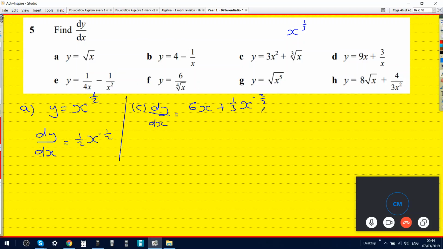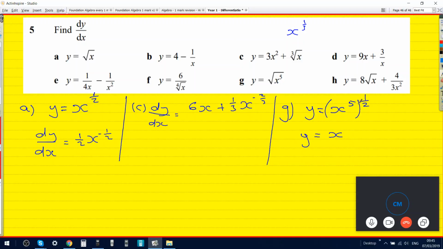How about G? How's that written in polynomial form or index form? So that would be x to the 5 and that whole thing to the power of a half. Right. How do you simplify that? Can you just add the 5 and the half?